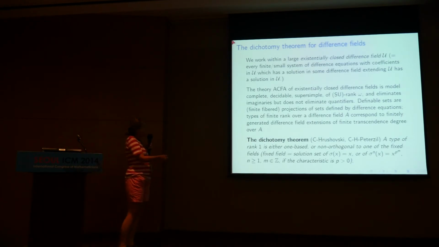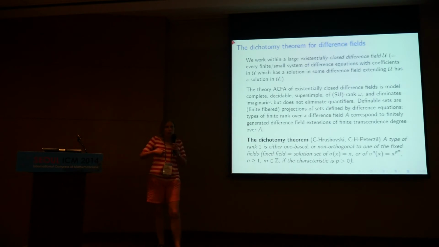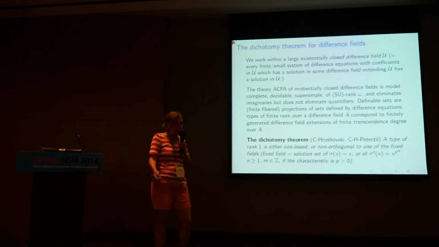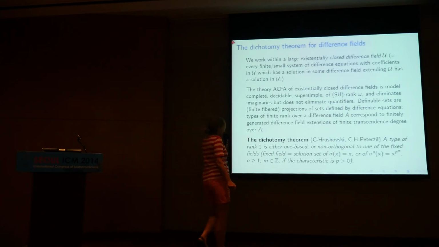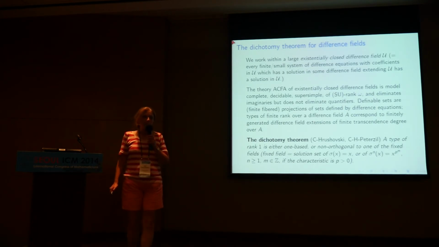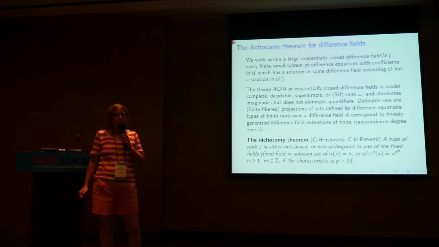So this theorem is really what is at the source of applications. So usually what happens is that you have a set, let's say for instance the set of torsion points in an abelian variety, and you want to intersect it with a variety and see what you get, right? A typical result you want is that the Zariski closure of the set is going to be a finite union of cosets of subvarieties.